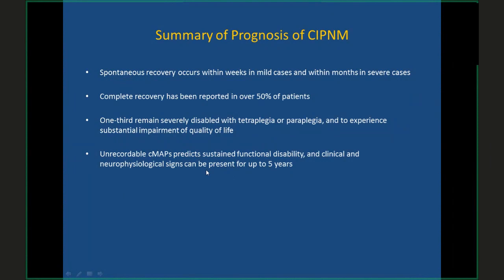The one reliable predictor is the nerve conduction study. If it shows unrecordable motor response or CMAP, that usually indicates severe functional disability for a long time. Usually up to 5 years, if we do nerve conduction in surviving patients, it still shows abnormalities.